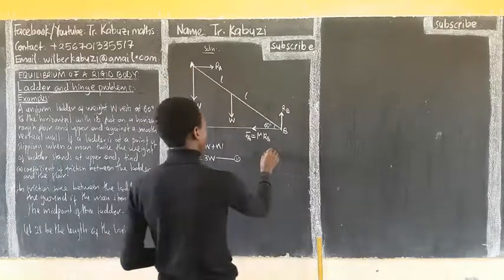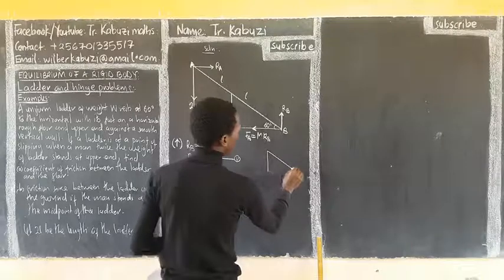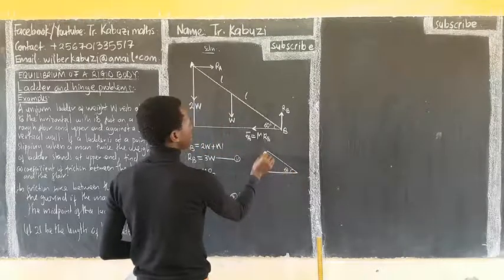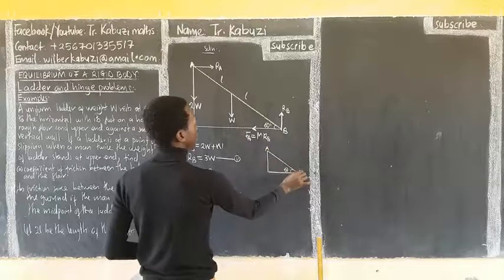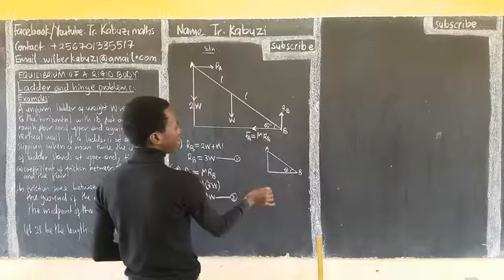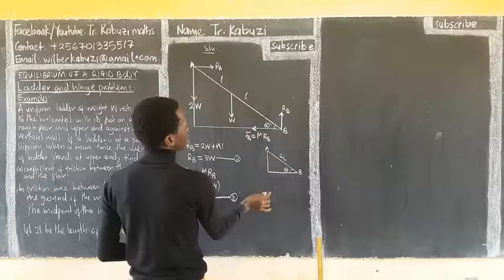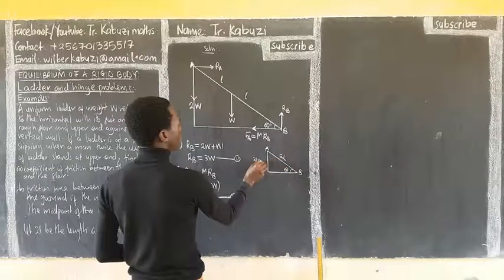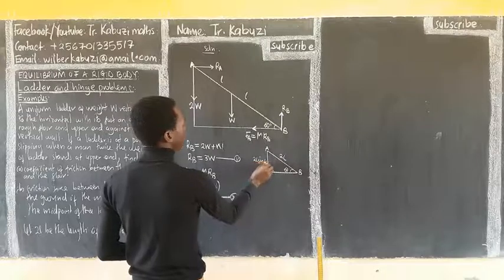So we draw a simple diagram here. This is 60 degrees. This is A. This is B. You see, this length is going to be 2L. So if I want this vertical distance, you see this is opposite, so it's going to be 2L sine 60 degrees.